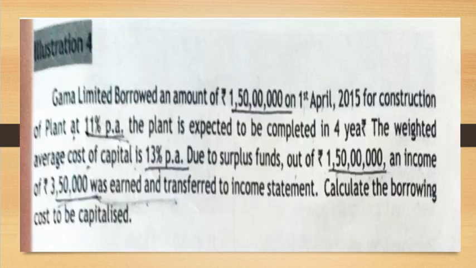If you read the question clearly, it states Gamma Limited borrowed an amount of rupees 1 crore 50 lakh for construction of a plant. There is no other loan taken for a general purpose. It is only one loan taken for a specific purpose, for developing a qualifying asset. So we will use the specific loan percentage which is 11%. We will not use 13% because there is no general loan taken here.